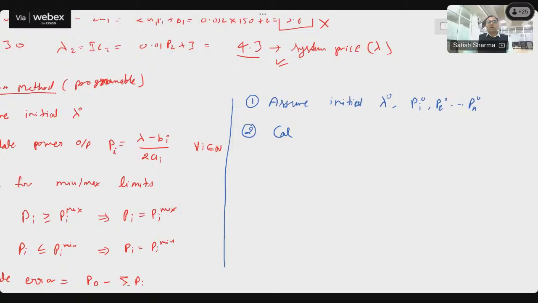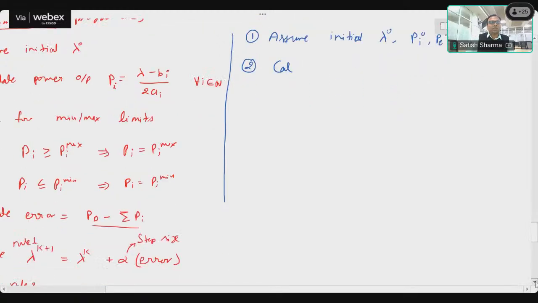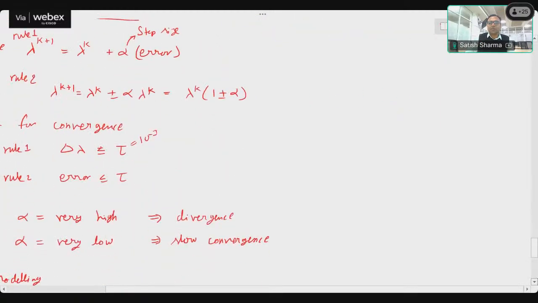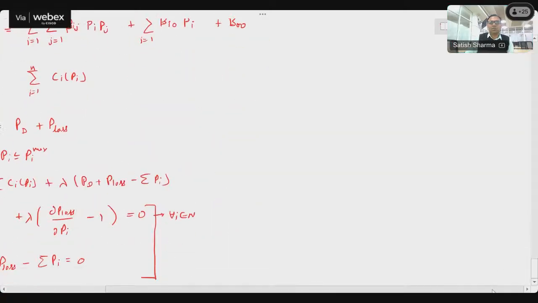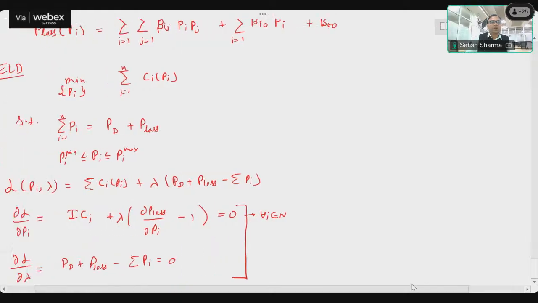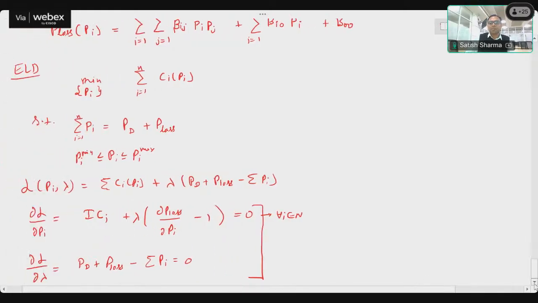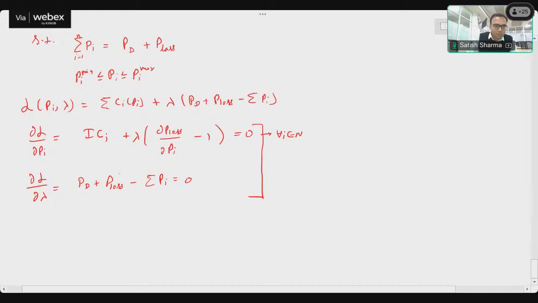Yes. So once we have initialized all the power and all the lambda, we will see that this is our formulation, where we are trying to solve these equations. And if you look at these equations, P loss depends upon Pi, and it's basically a closed loop.